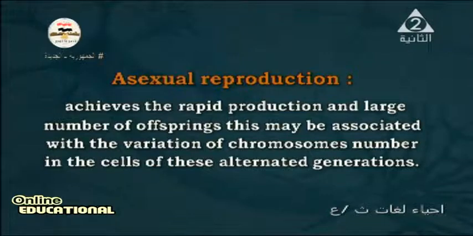This may be associated with variation, meaning variations and change in the number of chromosomes in the cells. In asexual reproduction, the same number of chromosomes is kept. Meaning if the cell contains 5 chromosomes or 6 chromosomes, it produces 6 chromosomes, for example.